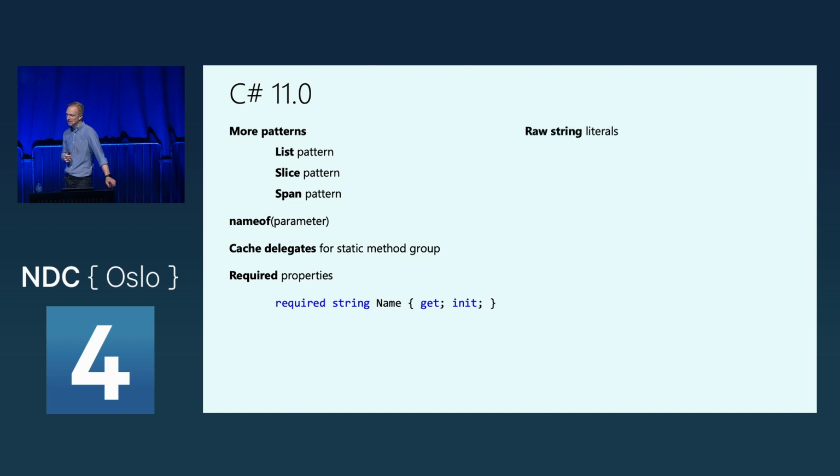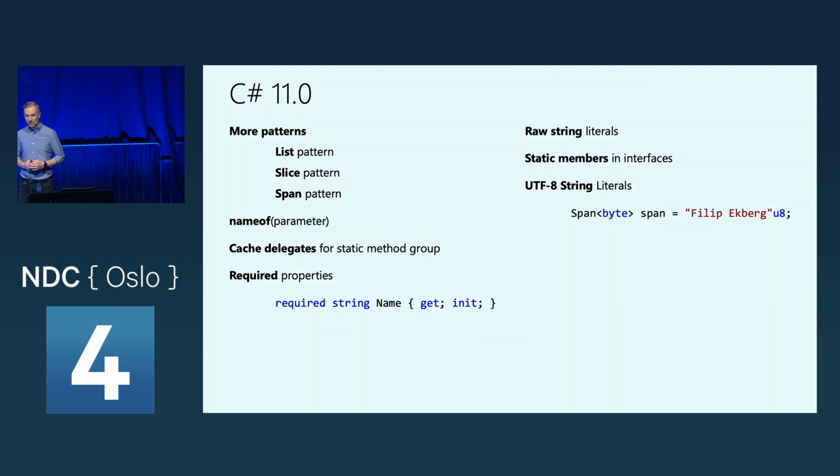There's another language feature called raw string literals, which I have an example of soon. There's something called static members and interfaces. There's also UTF-8 string literals. So for example, a lot of the data that we're getting from the web is all UTF-8. But by default, C# is UTF-16. So all the data that you work with that's coming in from the web, you have to convert into UTF-16.